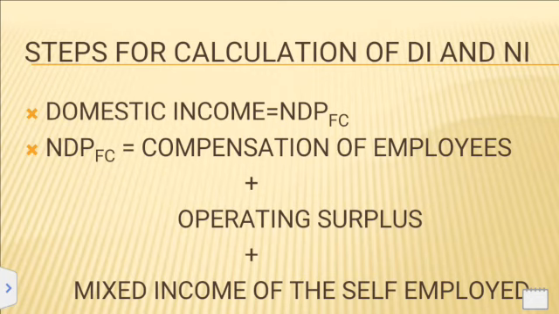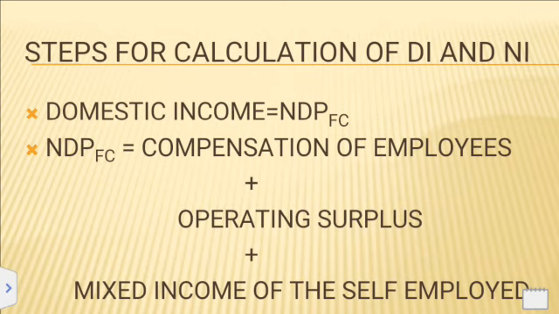Why domestic? While calculating the domestic income, we take into consideration the sum of the factor incomes earned within our domestic territory. Then product at factor cost: why factor cost? Because they are nothing but factor payments, and factor payments are nothing but the factor cost.